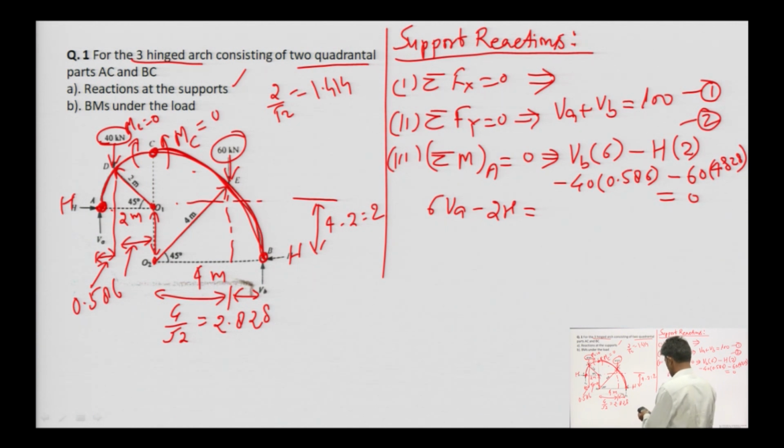So we are getting 3.12, equation number 2.